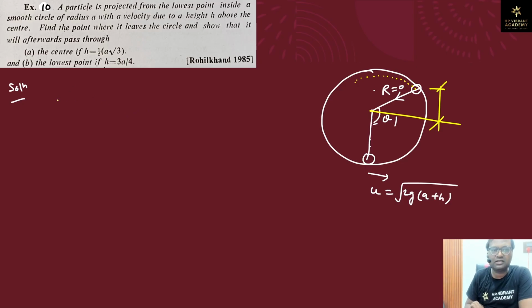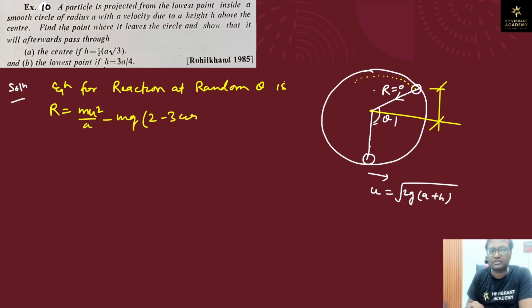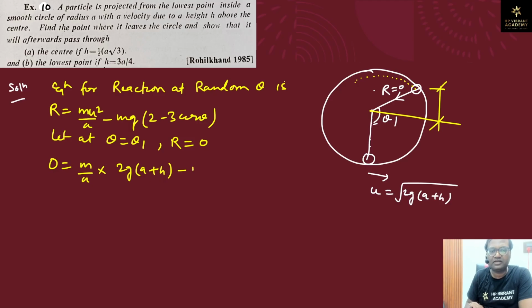Let us write down the equation for reaction at random theta. R is equal to mu square upon a minus mg(2 minus 3 cos theta). Let at theta equal to theta 1 our reaction be equal to 0. This means 0 is equal to m upon a into the initial velocity squared, 2g(a plus h), minus mg(2 minus 3 cos theta 1).